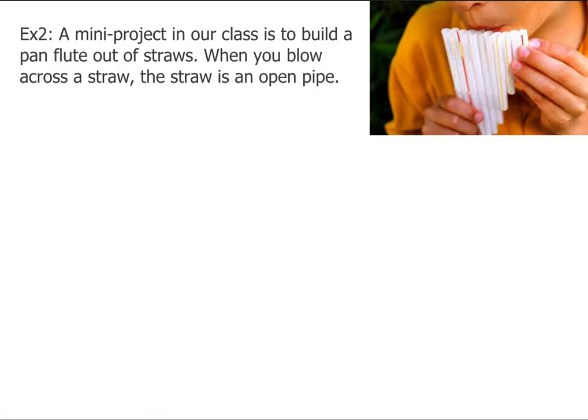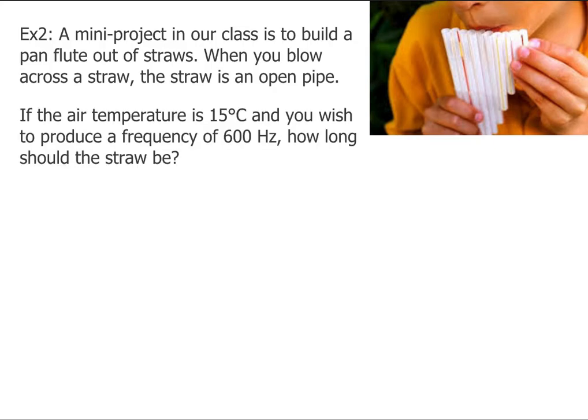A mini project that will be offered is to build a pan flute out of straws. When you blow across the straw, it is going to be an open pipe. Let's assume the air temperature is a pretty normal 15 degrees Celsius and that we are trying to produce a frequency of 600 hertz.